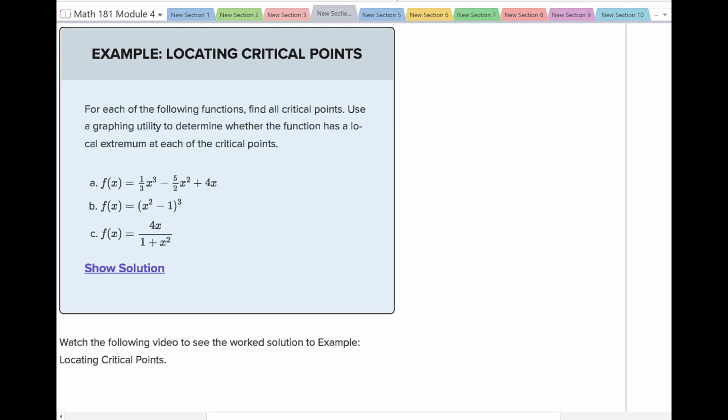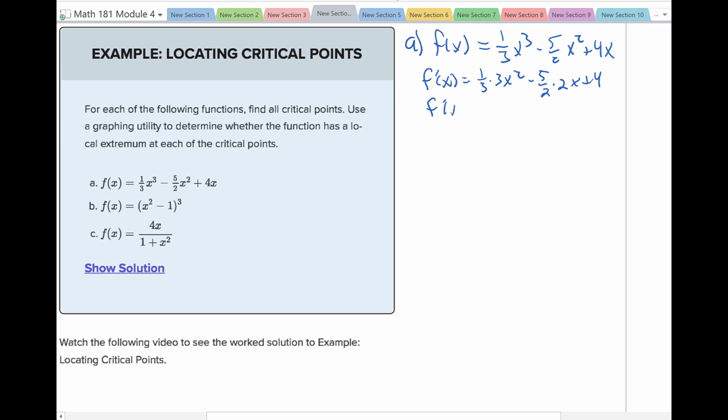So the first thing we have is for A, we have f of x equals 1/3 x cubed minus 5/2 x squared plus 4x. So our f prime of x is going to be 1/3 times 3x squared minus 5/2 times 2x plus 4.